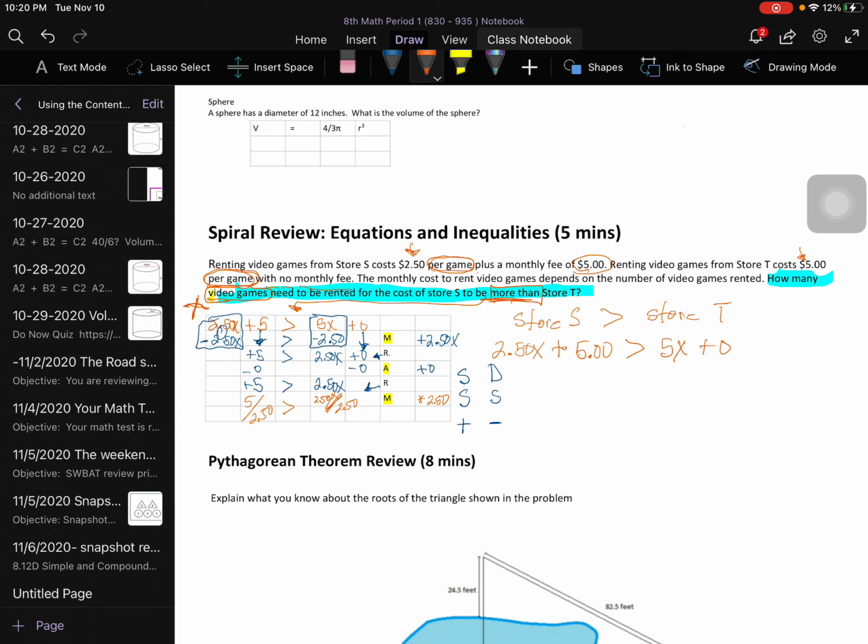And remember, because we're dividing by a positive number, we do not have to flip the symbol. But if we were dividing by a negative number, we would have to flip the symbol or the inequality. So we have 1x, and that would be greater than, and 5 divided by 250 is 2. And that will be our answer.